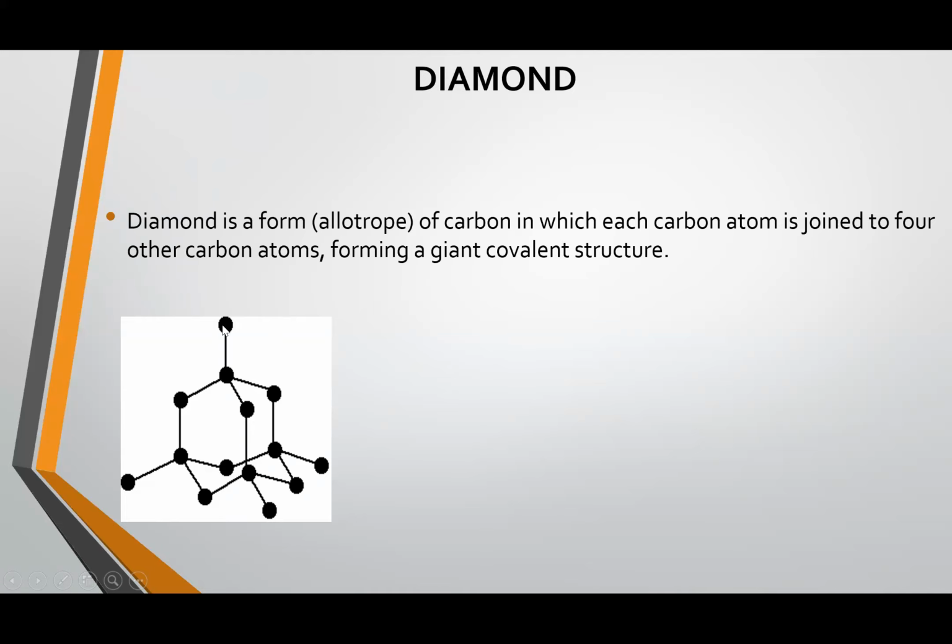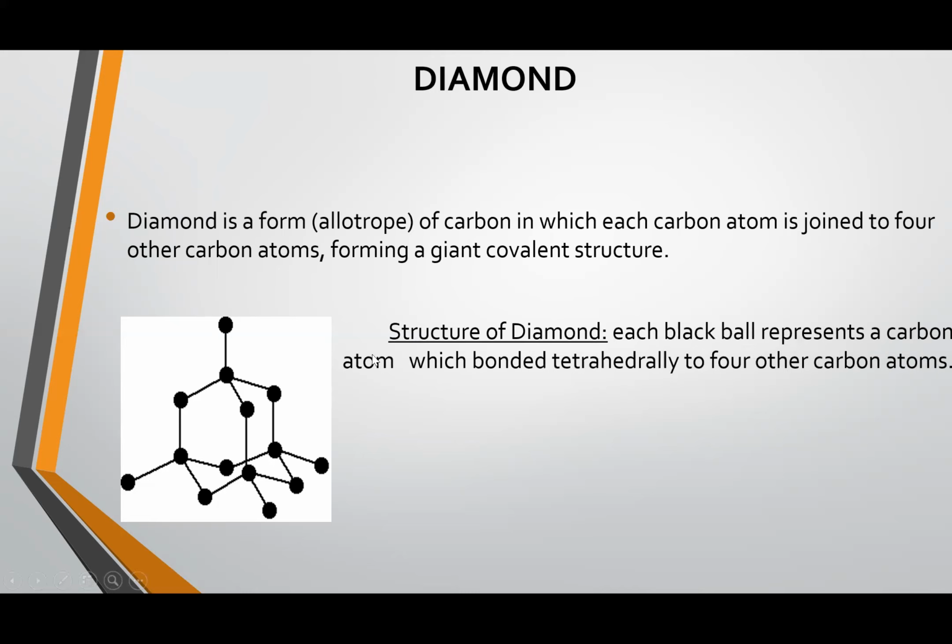You can see that it is bonded to 1, 2, 3, and 4 other carbon atoms, and the structure is tetrahedral. Here we have the structure of diamond, where each black ball represents a carbon atom bonded tetrahedrally to 4 other carbon atoms.